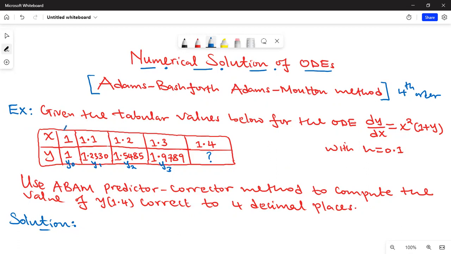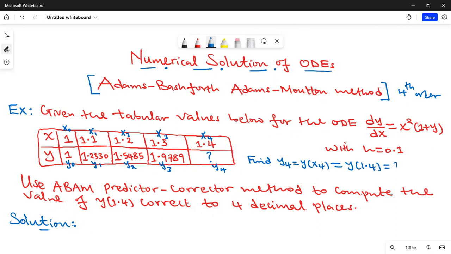Now here we have x0, this is x1, this is x2, x3, and here it is x4. So what we don't know is the value of y4. So our task is to find y4, which is the same as y of x4, and this is the same as y of 1.4.